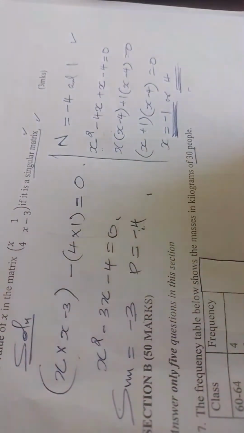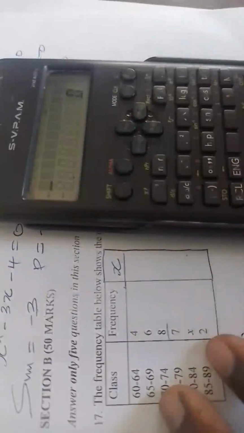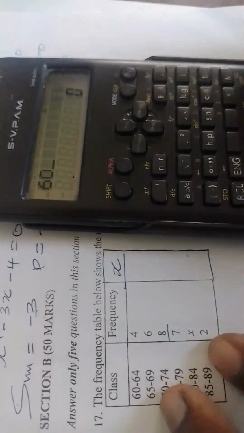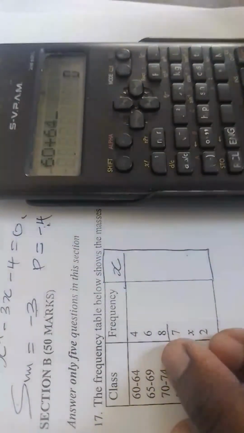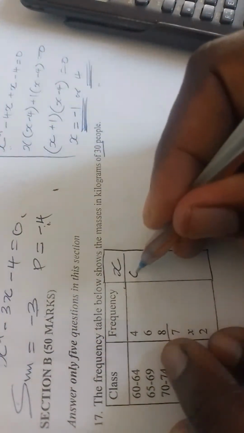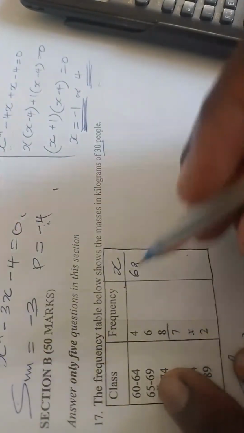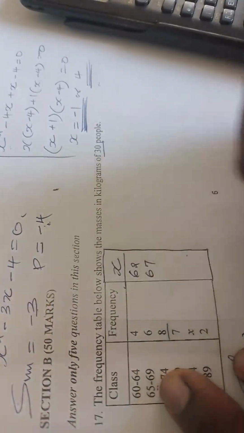Estimate the mean. How do you find the mean? First we need to generate the column of the midpoint. So for this one it will be 60 plus 64, then divide by 2. This one will be 62. 65 plus 67, this one will give us 67.